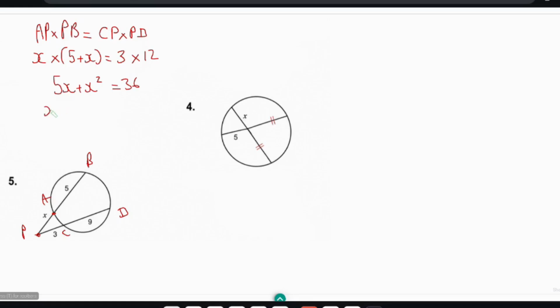Now, let me just rearrange this order on the left-hand side, and I'm going to subtract 36 from both sides. Let's factorise. Times to get negative 36. Add to get 5.